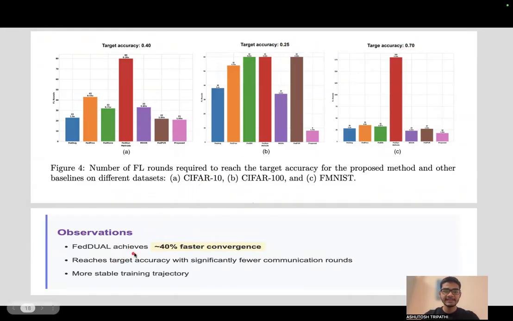So FedDUAL achieves 40% faster convergence, that is, it is 40% faster to reach the target accuracy in all of the cases. We see here how much faster it is in all of the cases. So it is more stable and it is also fast to achieve convergence.